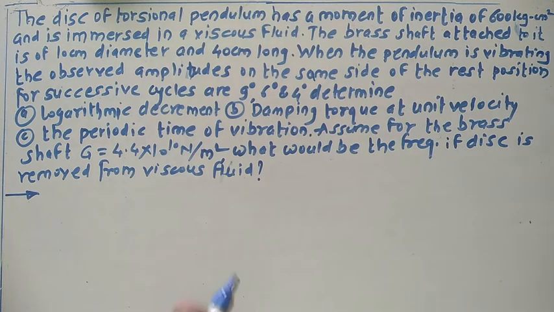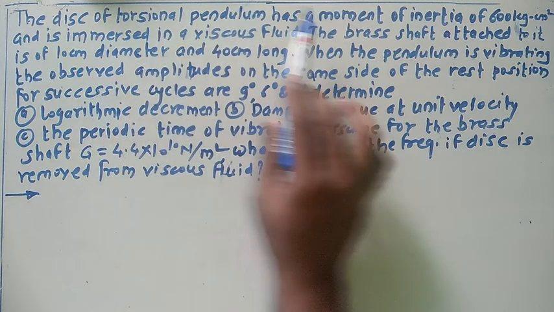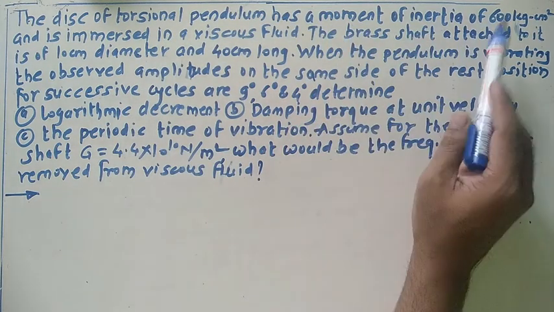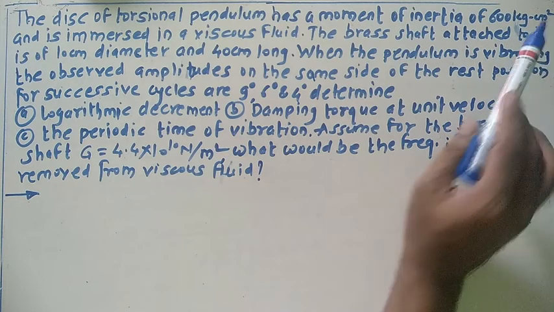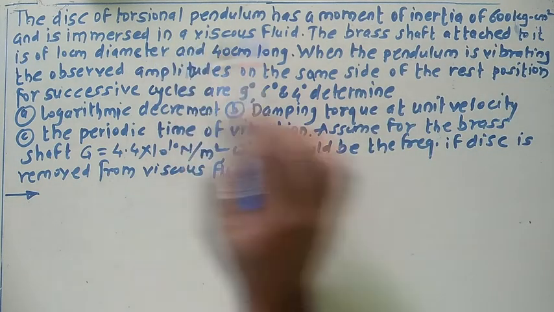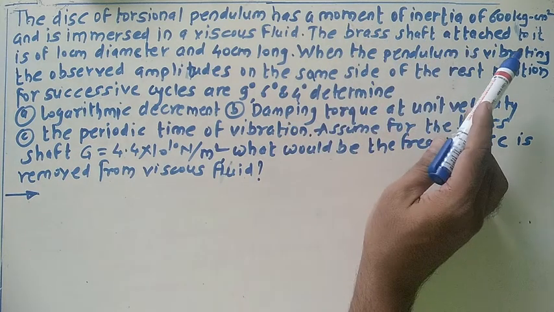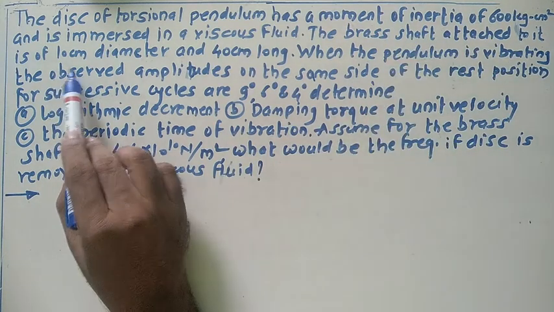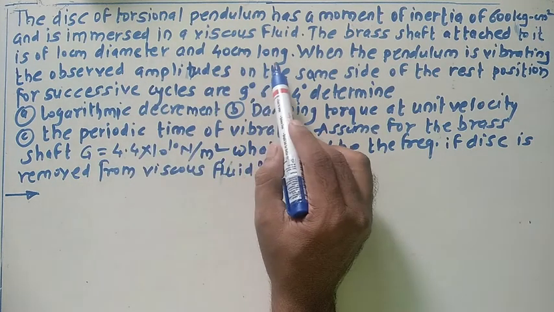So next problem: the disc of a torsional pendulum has a moment of inertia of 600 kilogram centimeter square and is immersed in a viscous fluid. The brass shaft attached to it is of 10 centimeter diameter and 40 centimeter long.